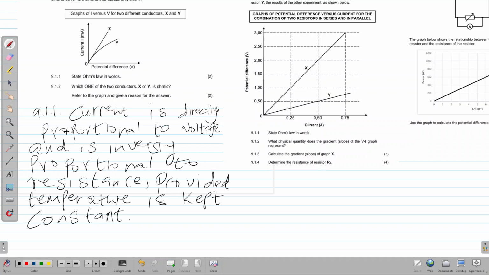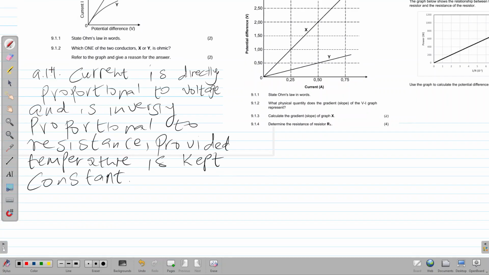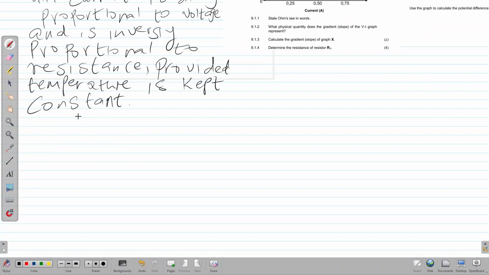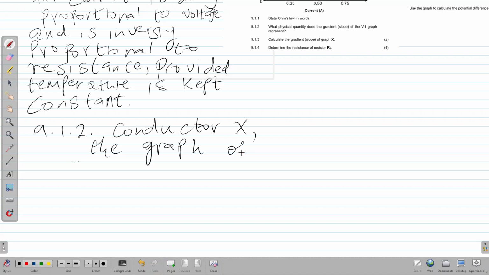So the conductor that satisfies what's described in 9.1.1 is conductor X. Conductor X, the graph of I versus V, is a straight line.